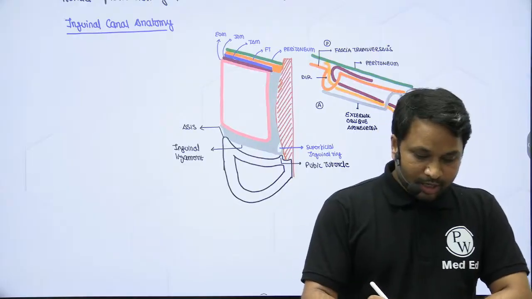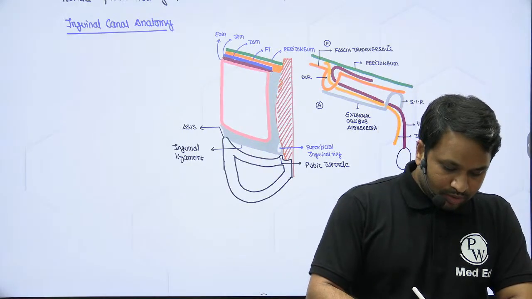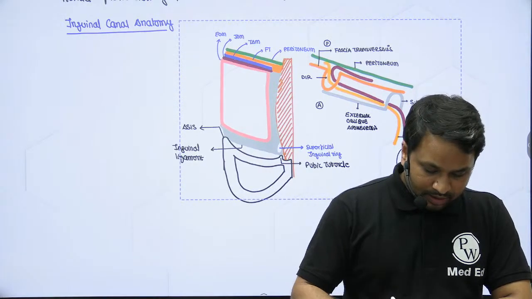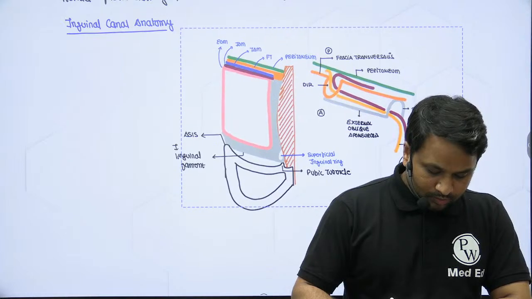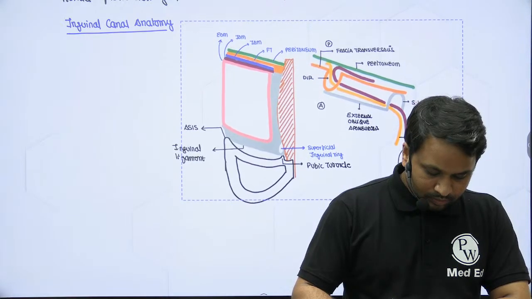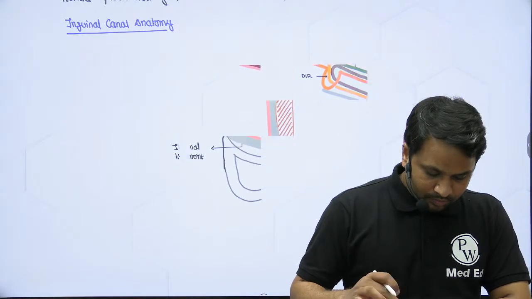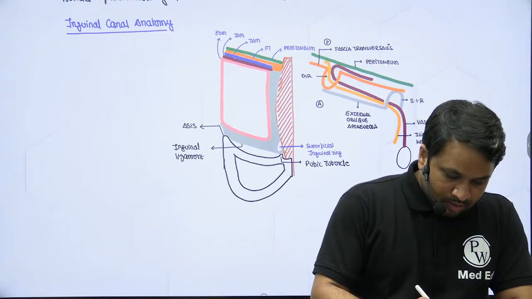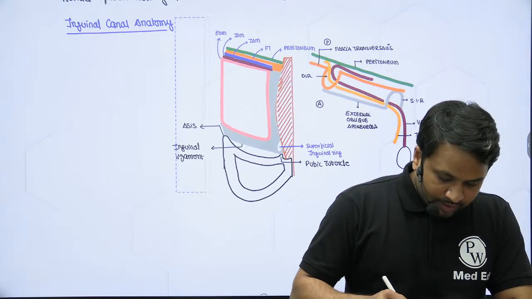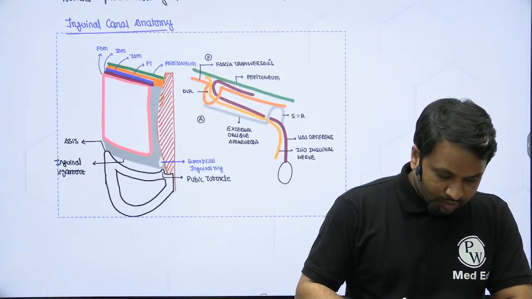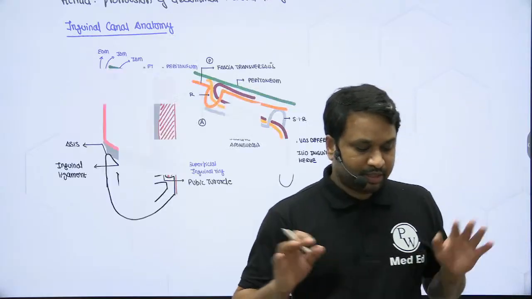inguinal canal. So if they ask you to define the anatomy of the inguinal canal, I hope nobody is going to go wrong now. This is how the anatomy of the inguinal canal will be described. Clear?